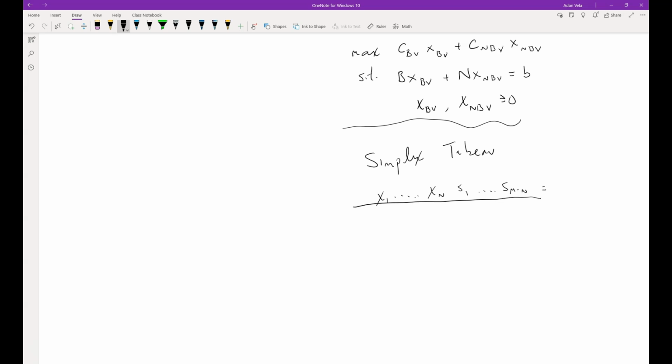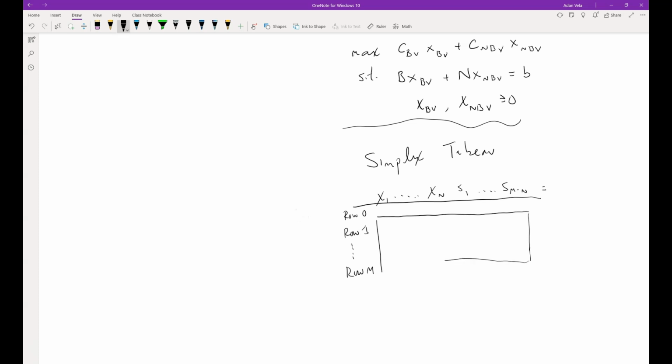And we'll have various rows. So the first row, row 0, corresponds to the cost. And then the subsequent rows from row 1 to row M correspond to the constraint equations.